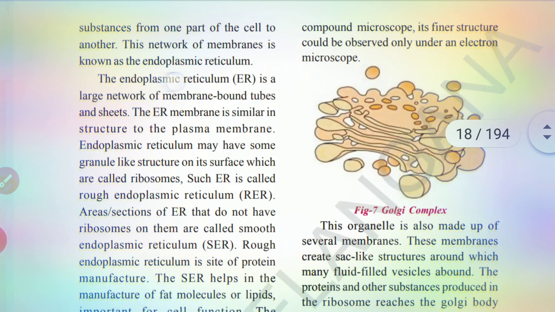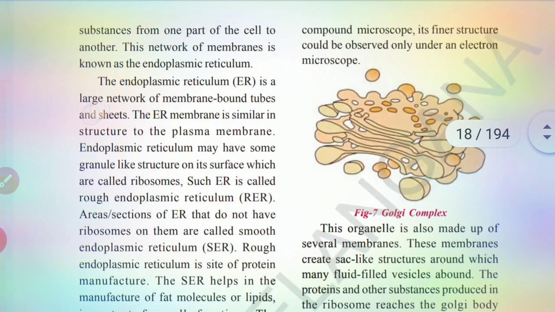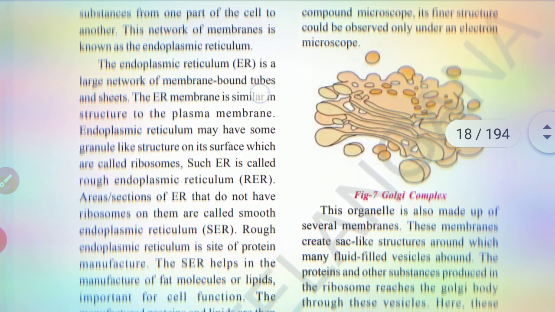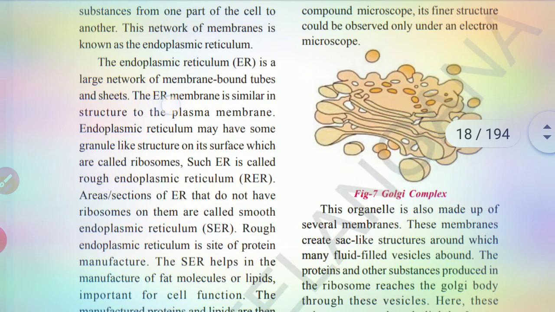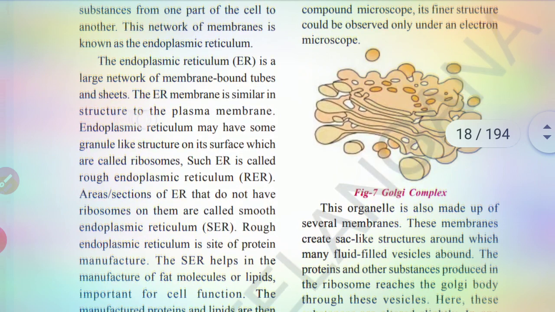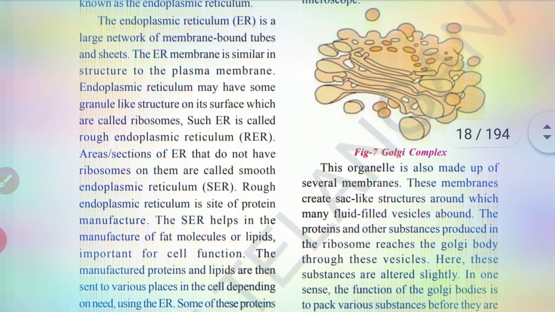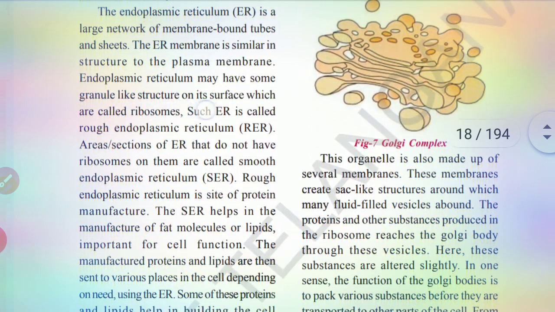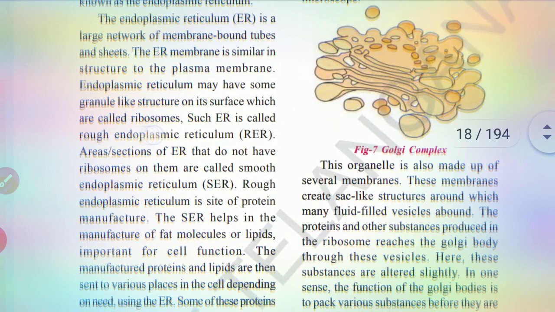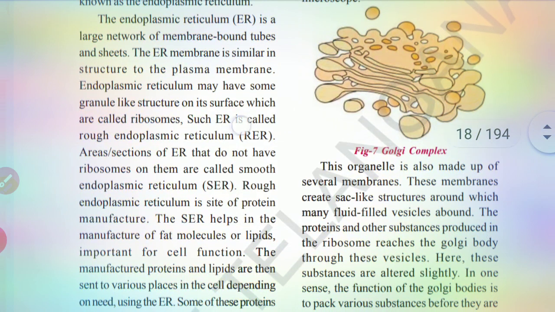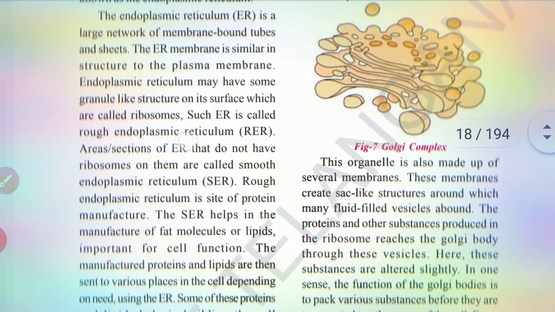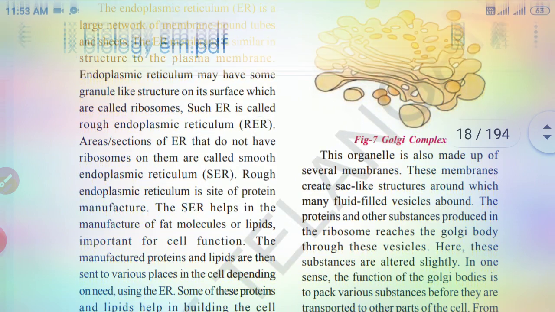The endoplasmic reticulum (ER) is a large network of membrane-bound tubes and sheets. The ER membrane is similar in structure to the plasma membrane. Endoplasmic reticulum may have some granule-like structures on its surface, which are called ribosomes. Such ER is also called rough endoplasmic reticulum (RER).